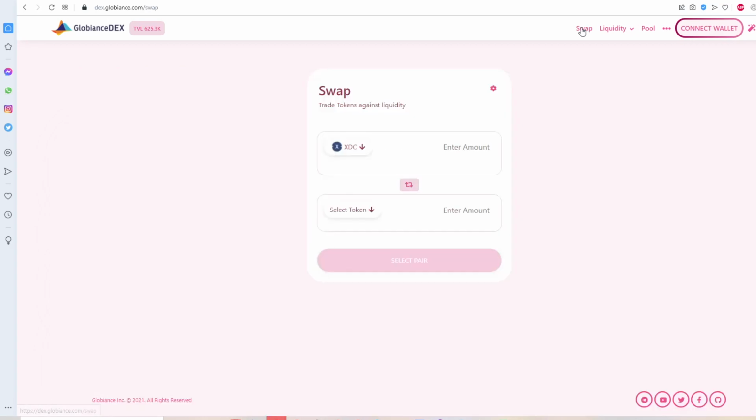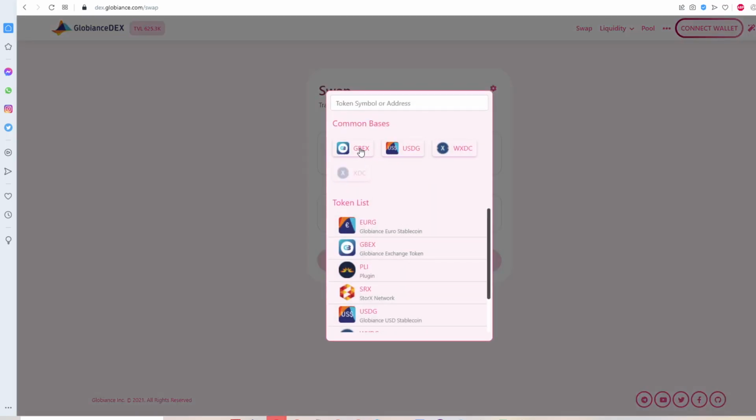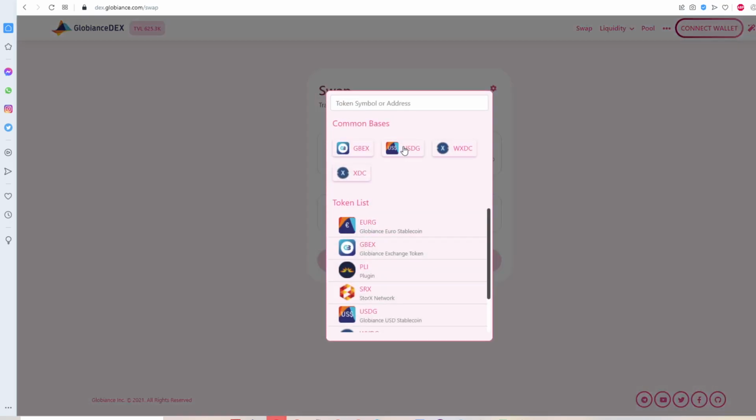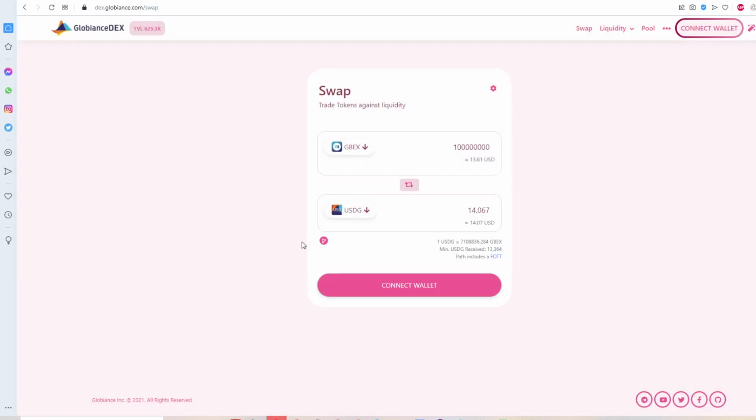The other thing you can do is logically swap, so in principle trade. You can do that by selecting, let's say, GBEX. You say, for example, I want to swap 1 million GBEX, or let's say 100 million. And then you say I want to swap it with USDG.